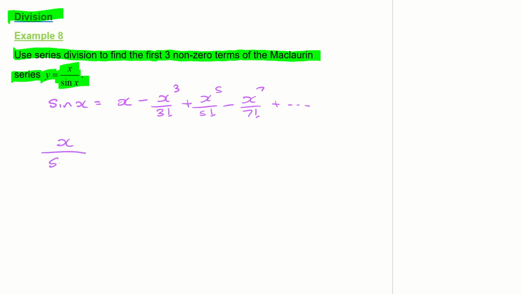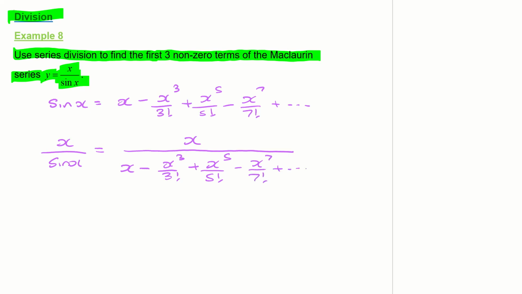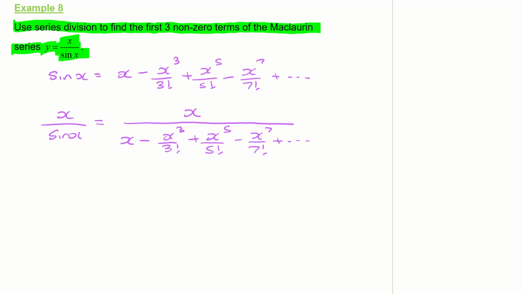Therefore, x over sine x is equal to x over x minus x cubed on 3 factorial plus x to the 5 on 5 factorial, take away x to the 7 on 7 factorial, and so on.